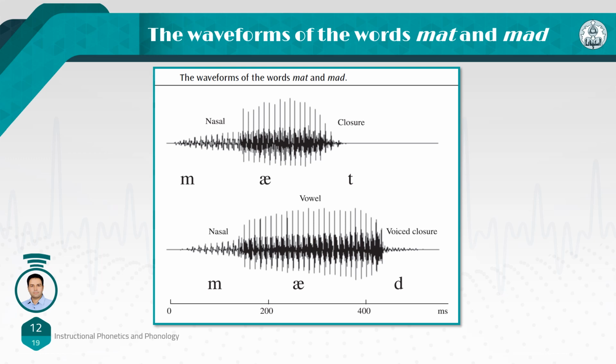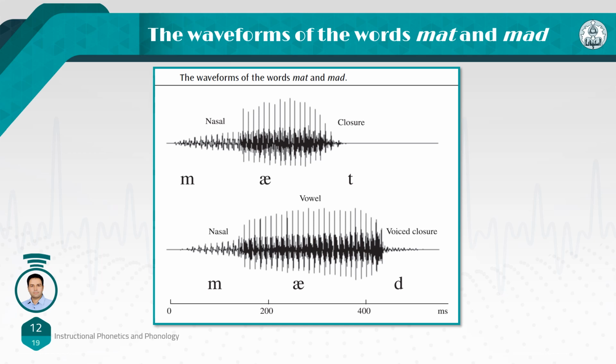Then we have a. Look at the length of a for mat, the one above, and now compare it with a in the second one, mad. This is what I told you before about the length of vowels.